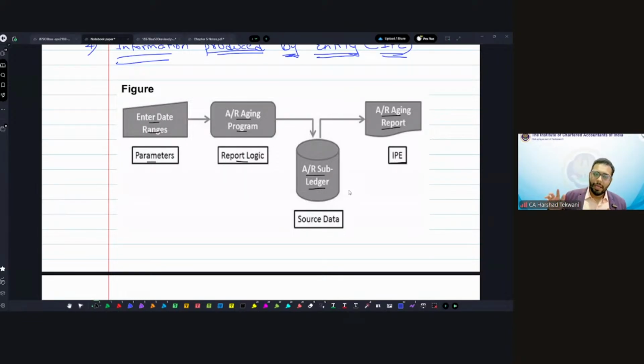Now tell me, how will you validate or what will you do before relying upon the IPE with this example? We have to test all these things on the reliability. See, we discussed we have to check for independence and objectivity.